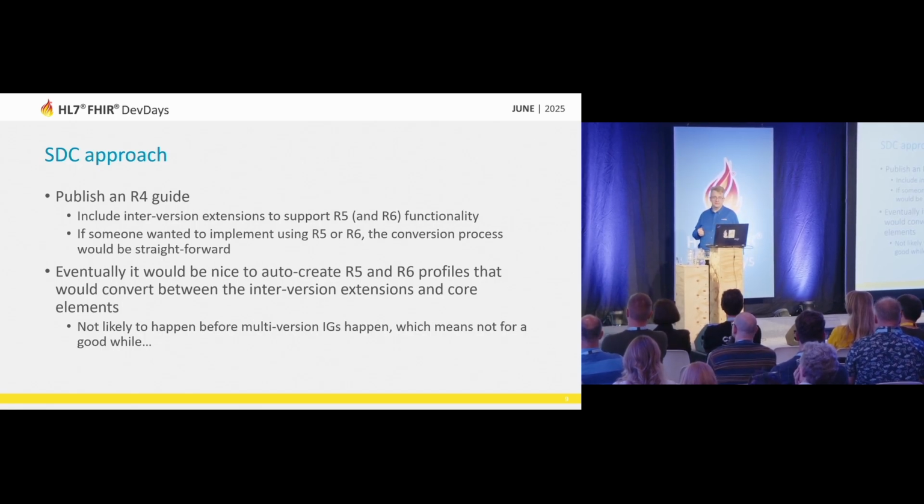And we also wanted to ease the transition process so that people who were in the R4 space and wanted to be able to interoperate with people who were in the R5 or the R6 space could do that. And the simplest way for us to do that was to look at what are the features that exist in R5, can we put those into R4, include them as expectations in our guide, and then obviously the syntax is going to be a little bit different. In R4 you have to use extensions, in R5 you can do it in core, but that's just software. All of the data is there.